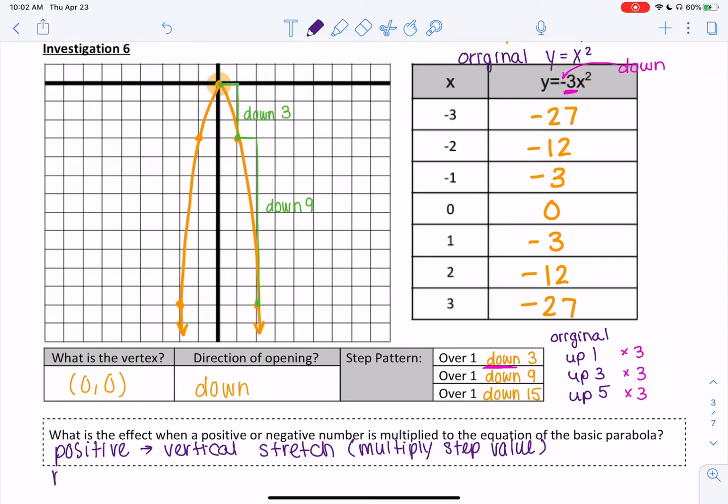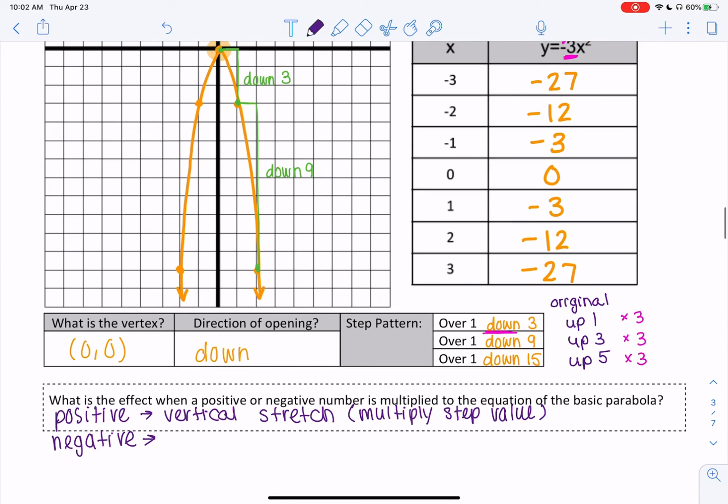And if it's negative, we also get that we can have our vertical stretch.